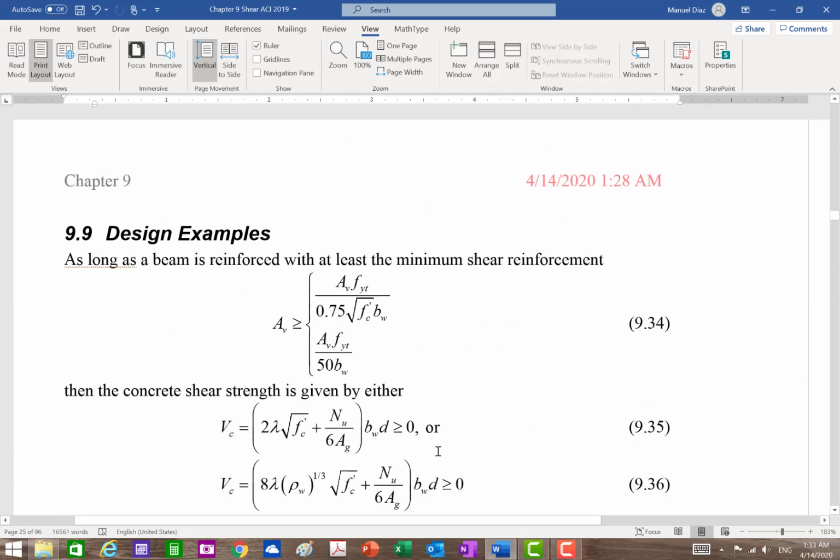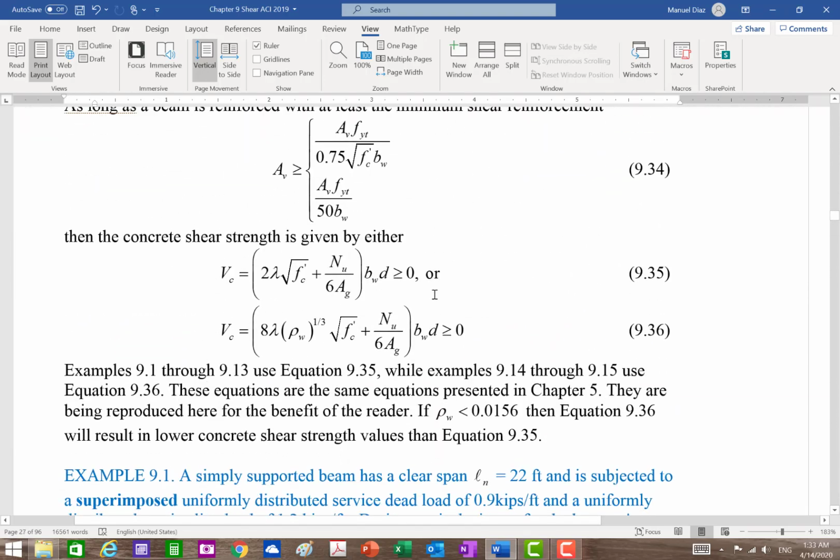Okay, right here. So the new formula, which is this one, right? We don't have that one that I just showed you a minute ago. That's been removed from the code in 2019, and so now we have these two.